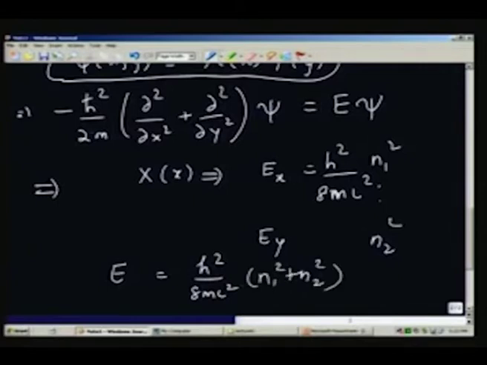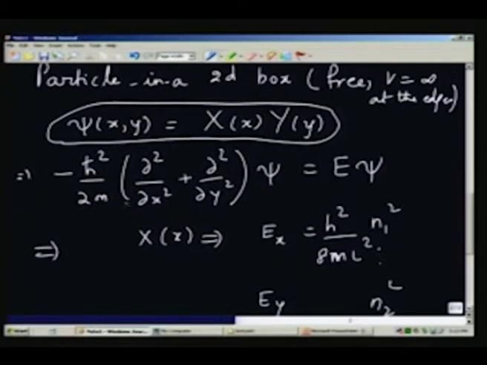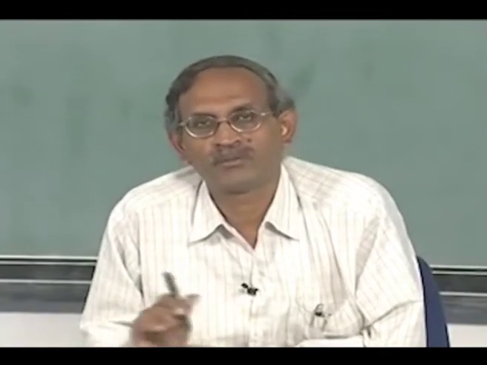But the nice thing is that this wave equation could be simplified into two one-dimensional wave equations by the proposition that the wave function psi is a product of two wave functions, each of which depends only on one coordinate. Okay. You recall that this was called the method of separation of variables in that lecture.